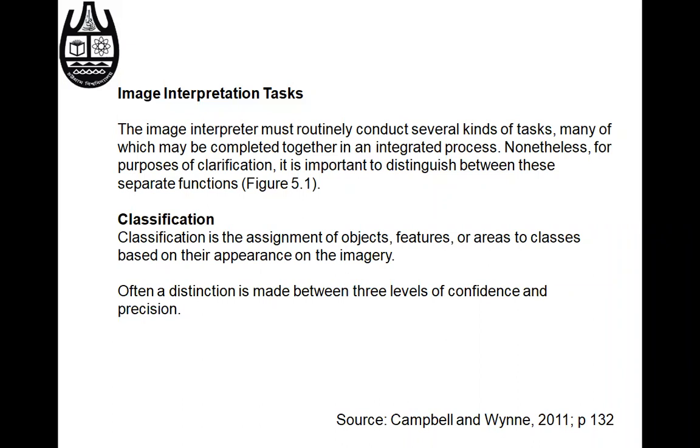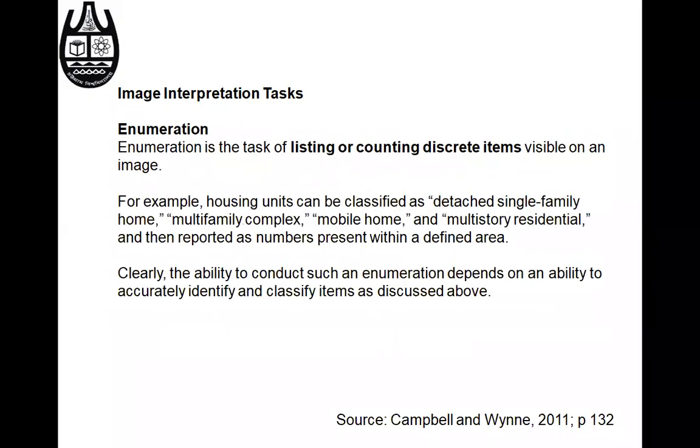So the first task is to classify things, and this needs a very good understanding of what things you want to gather together, what you want to exclude, and what you want to include in your classification.